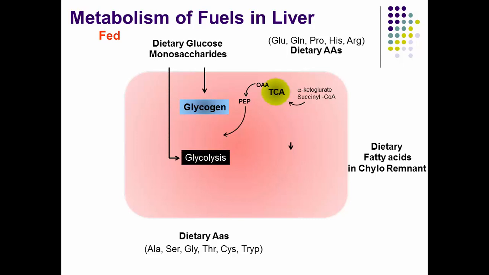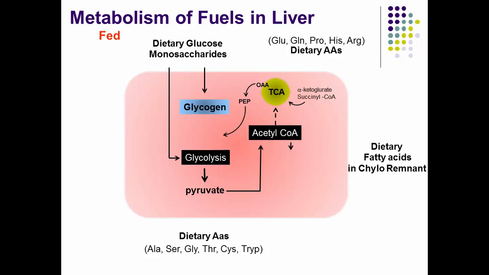So the first thing is to make glycogen. And this glucose, of course, can also be oxidized through the glycolysis pathway, which then generates pyruvate. And pyruvate can be further oxidized to acetyl-CoA, right? And here we're talking about the fed condition again. It can go to the TCA cycle for complete oxidation.